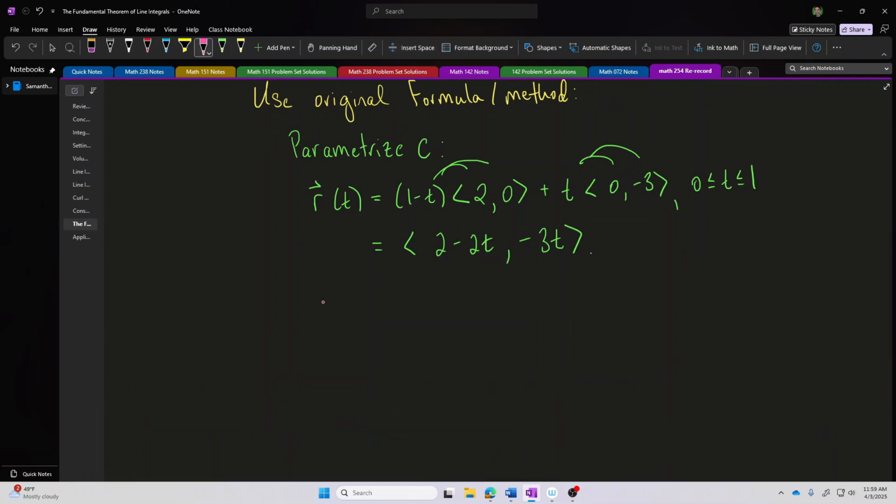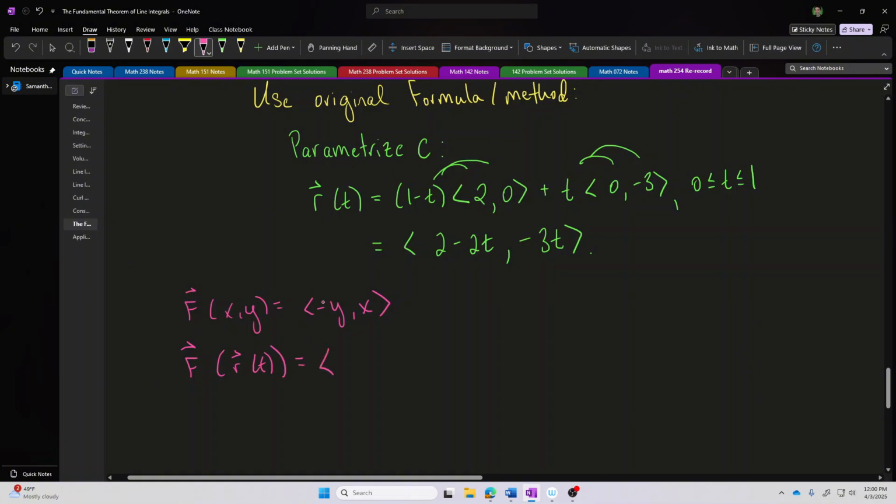Next, I'm going to take our vector field, which was negative y, x, and use the parameterization to express this in terms of t instead. Everywhere there was a y, I'm going to replace that by the y coordinate of the parameterization.